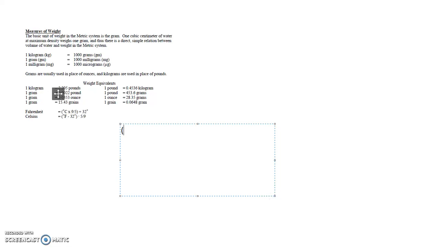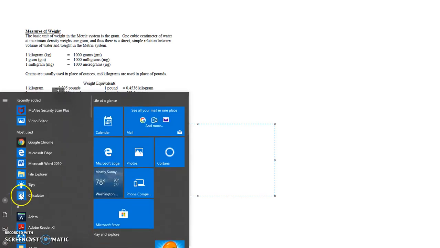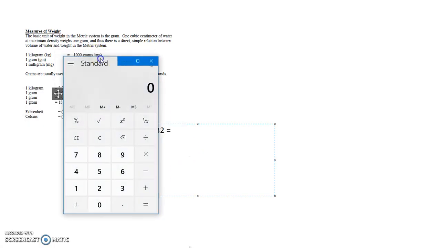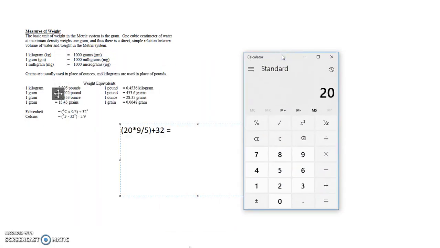So all I would need to do is I say 20, see where I'm plugging this in, multiplied by 9/5 plus that 32-degree freezing point. So when I plug those through, 20 times 9 divided by 5, add 32. I find that 20 degrees Celsius is 68 degrees Fahrenheit.